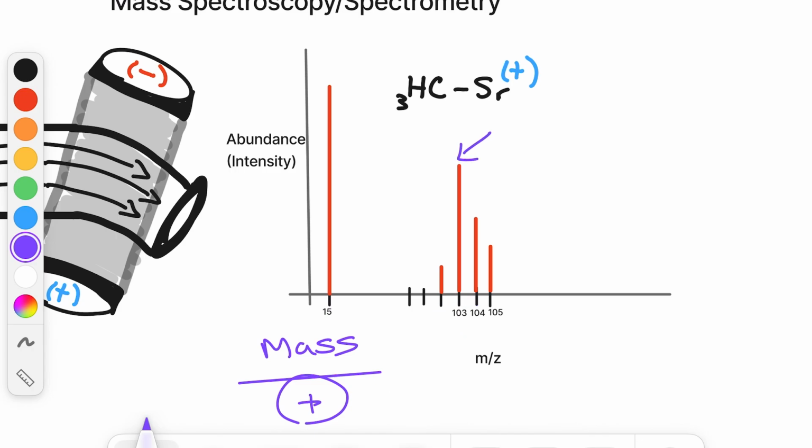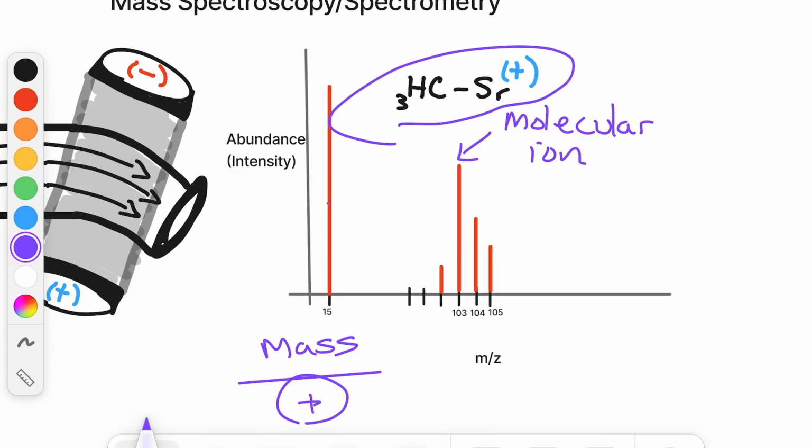And we're going to call this the molecular ion. Now the molecular ion is what we measure when an electron is removed. So this molecule up top had an electron removed. That's why it is a cation now, and the molecular ion is what it's officially called.